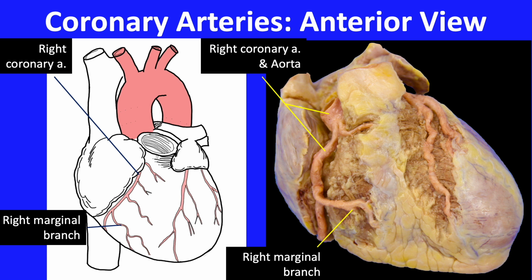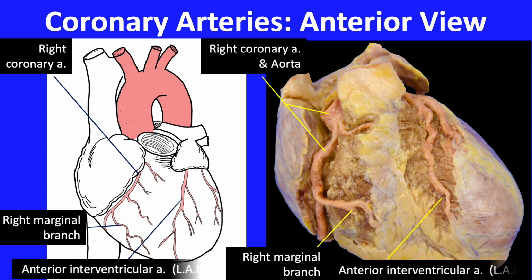On the interventricular septum, the anterior interventricular artery is evident, or commonly referred to as the left anterior descending, or LAD for short. Anatomically speaking, the anterior interventricular artery is not the left coronary artery.